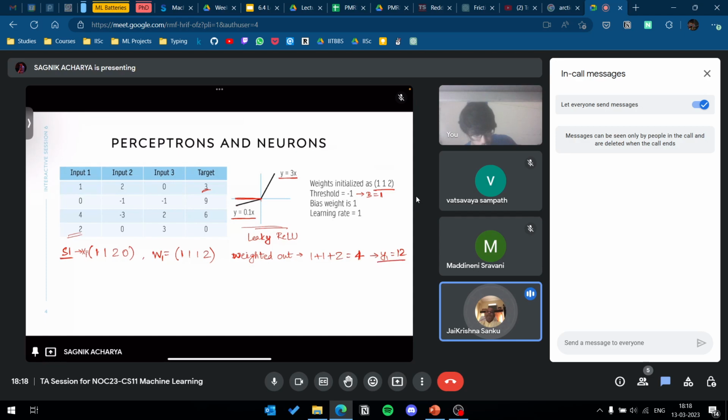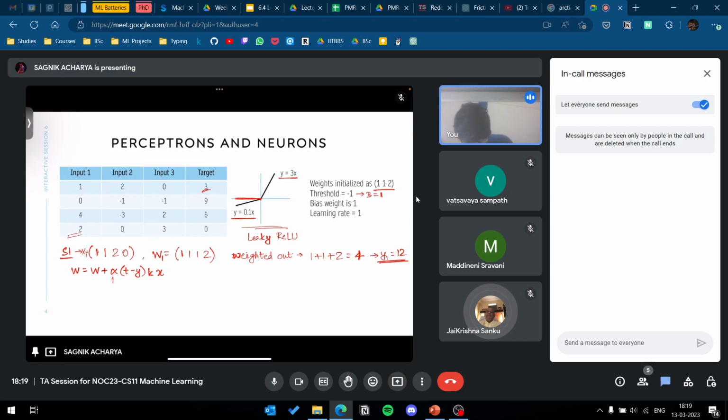I've gone through the forward pass. I've got y1 equals 12. So now if you want to update the weight, we'll have w equal to w plus alpha times t minus y into the coefficient k into x, right? So here in this case alpha is 1, so I'll ignore that.